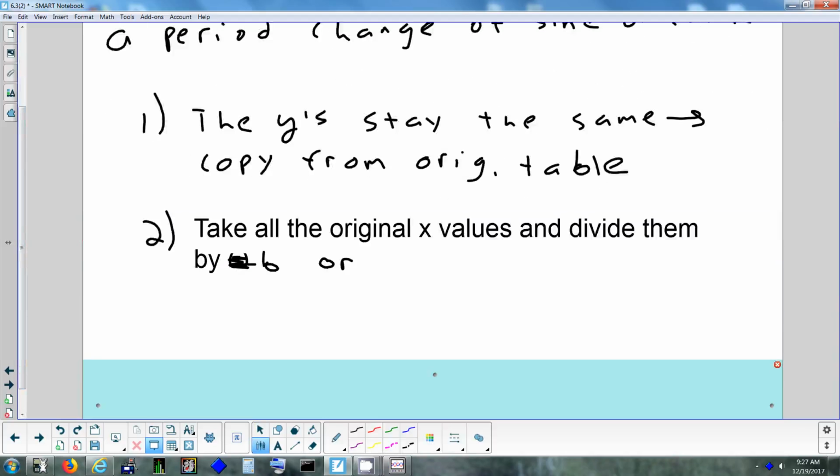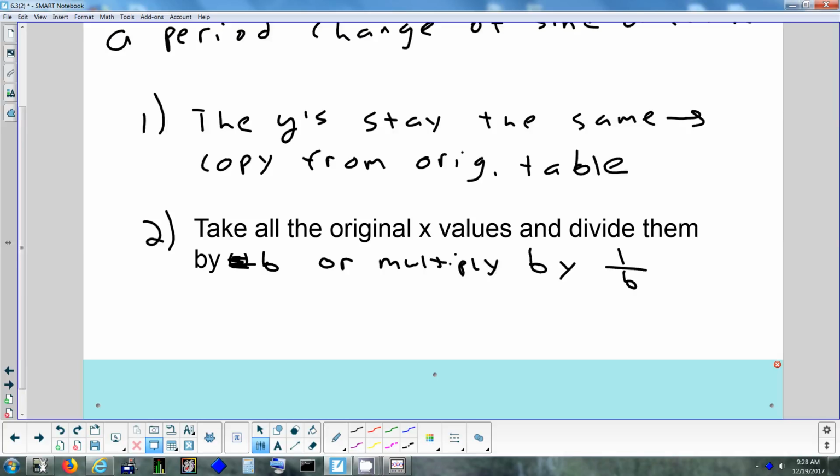Or sometimes an easier way to think about it is multiply. What could I multiply by? If I could divide by B, that would be the same as multiplying by 1 over B. So it depends on the problem, because we want to avoid fractions over fractions.